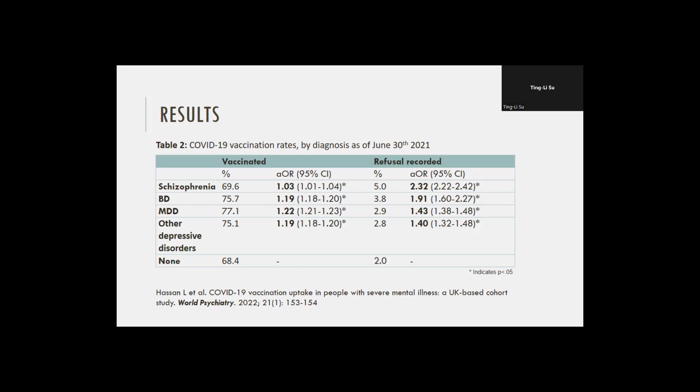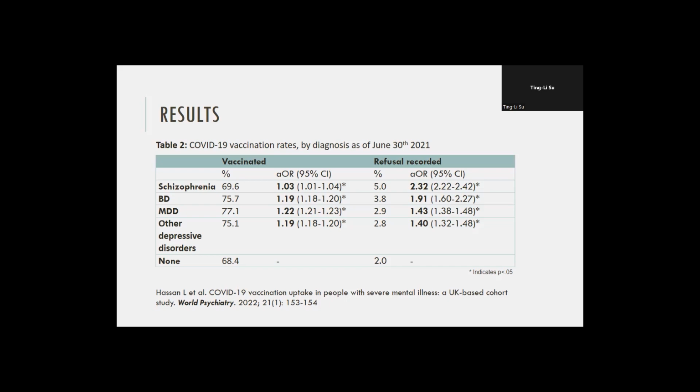Not quite sure what's going on here. It could be that people are being actively approached for vaccination and that the healthcare professionals are recording that in the records. So rather than a haven't got round to it yet, this is an actual decline being recorded. So is it just more likely that this group have these records recorded there?